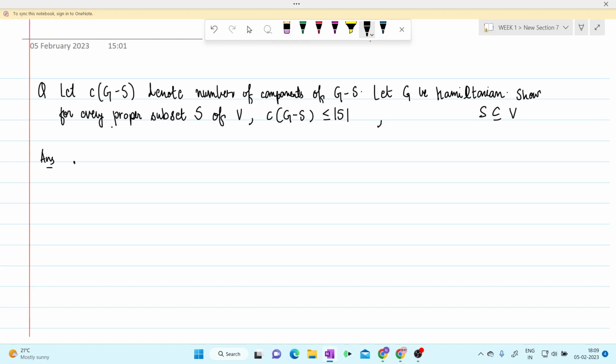So first of all, we are given that G is Hamiltonian. So what is a Hamiltonian graph? A Hamiltonian graph is a graph having a Hamiltonian cycle.